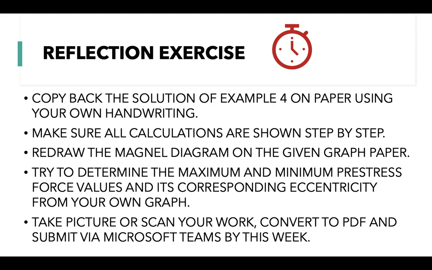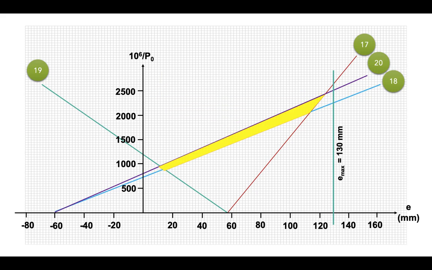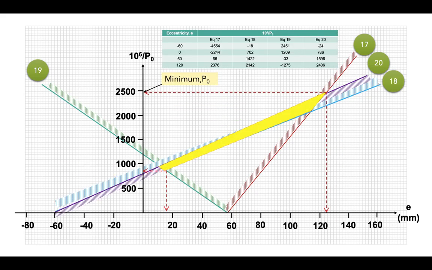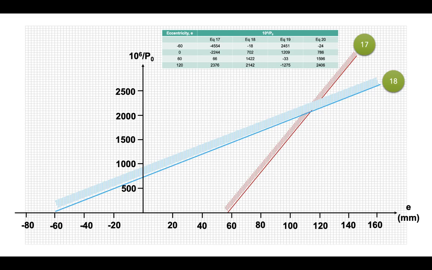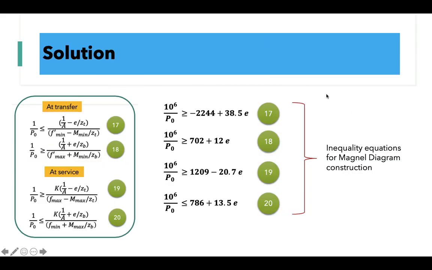If you still remember, in the example, I gave you the equations, but the equations do not have a complete calculation. I have already calculated these and I'm only giving you the values. So these are the values, these are the equations.